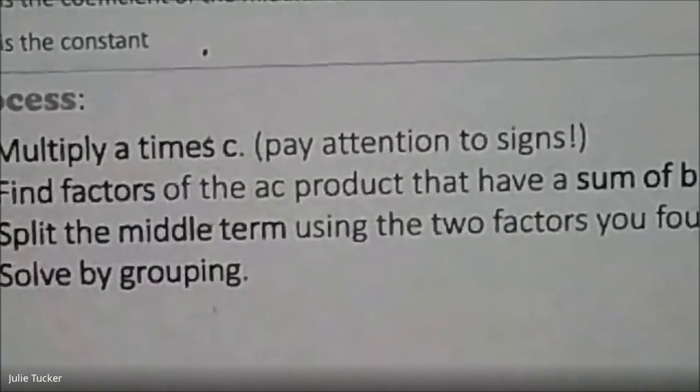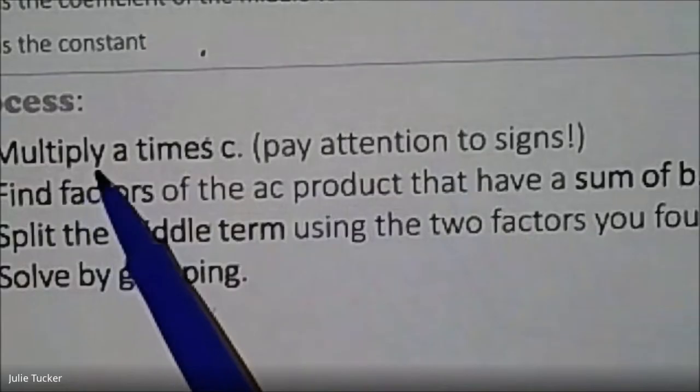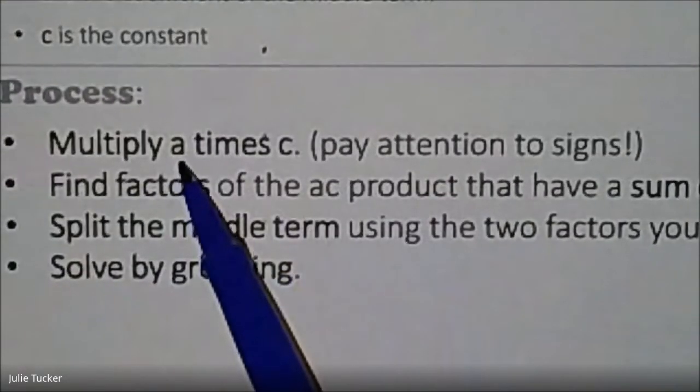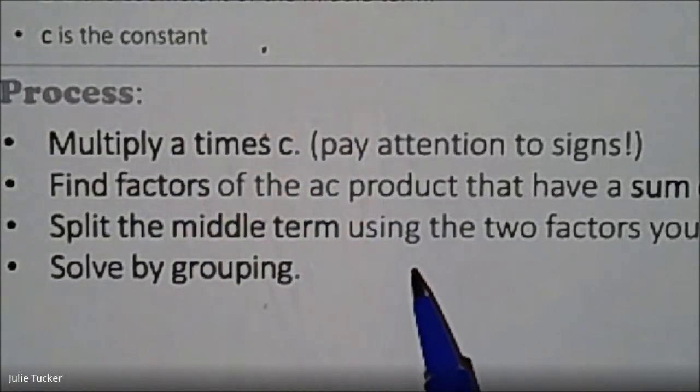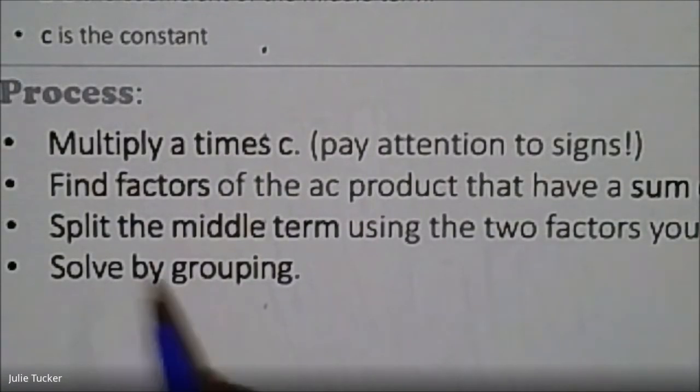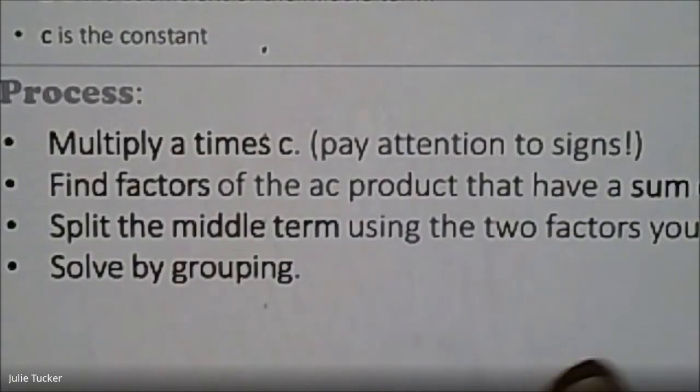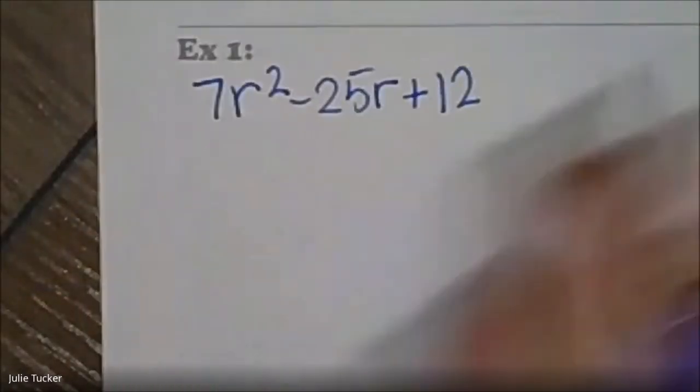So to do the AC method, the first thing you have to do is multiply your A times your C. So for the first problem that we do, we're going to do 7r squared minus 25r plus 12. Okay, there's the problem.